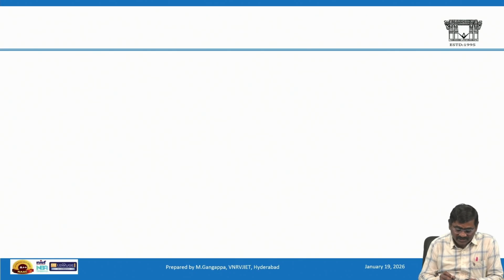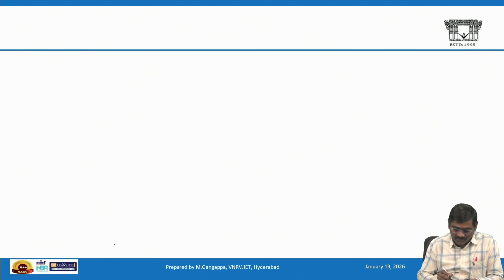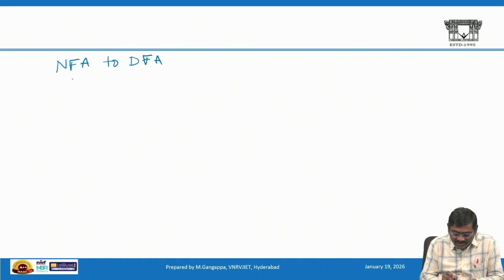Here I am drawing a small NFA diagram, NFA to DFA. Consider the NFA diagram. Q0 on a goes to Q0. Q0 on a goes to Q1.